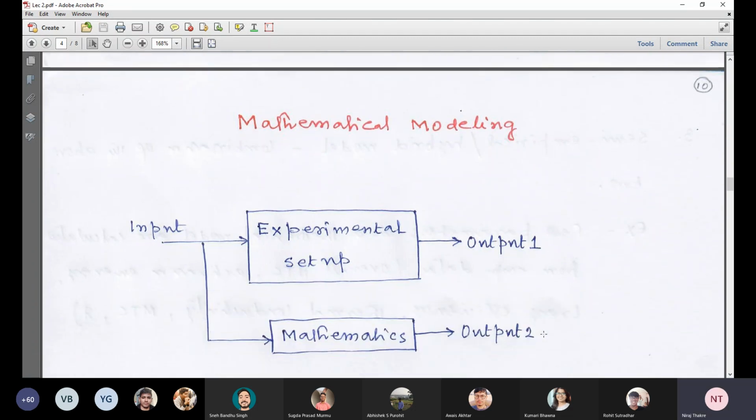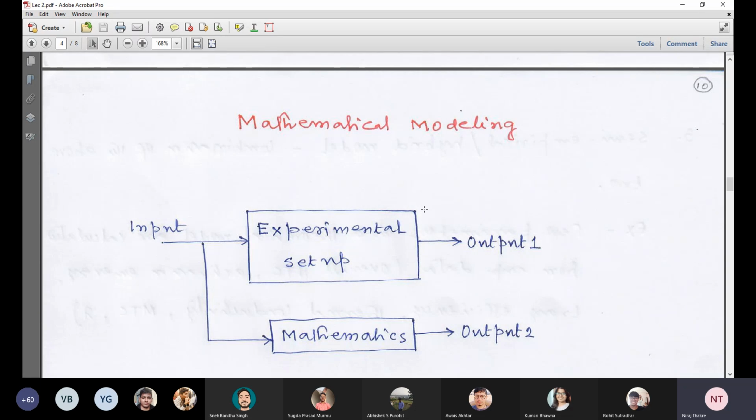You see, I have shown that. This block basically includes the mathematical equations which represent this setup. Now we are giving the same input and we are getting some output. Usually these two outputs are never identical. In practice, these outputs are never identical.